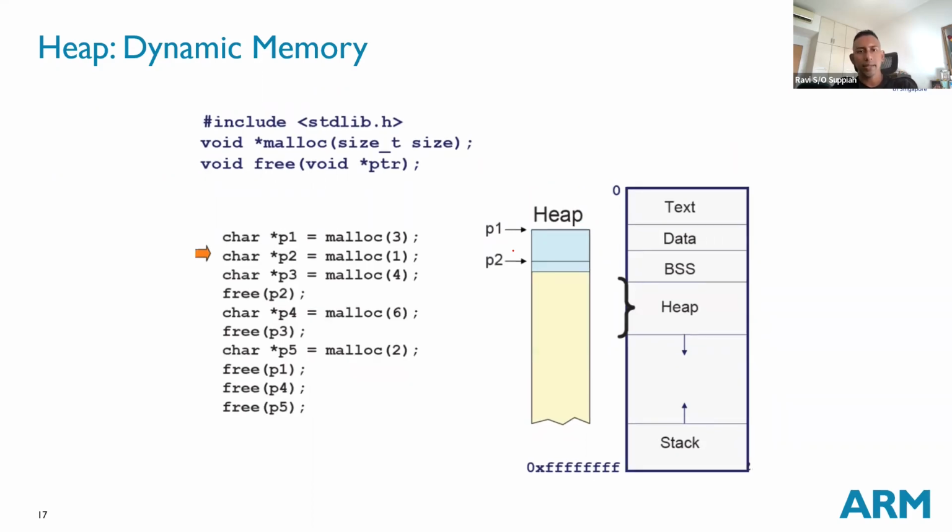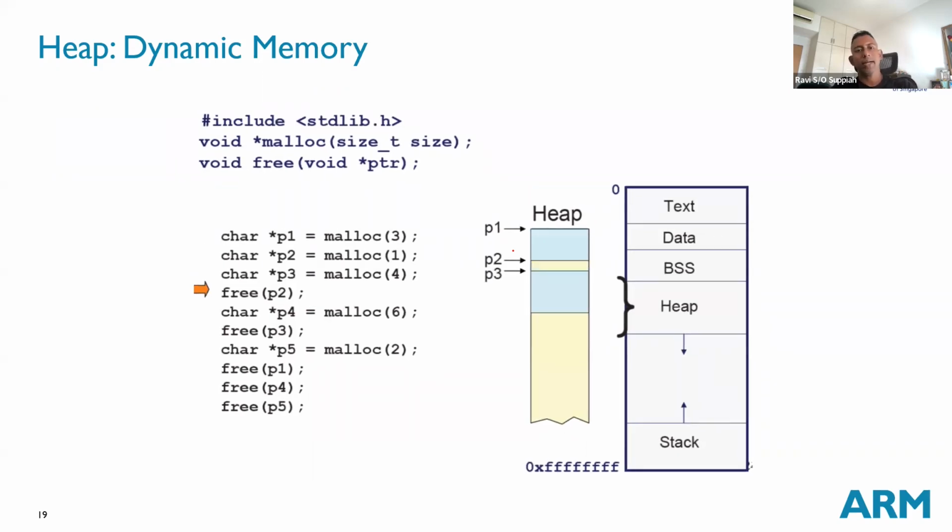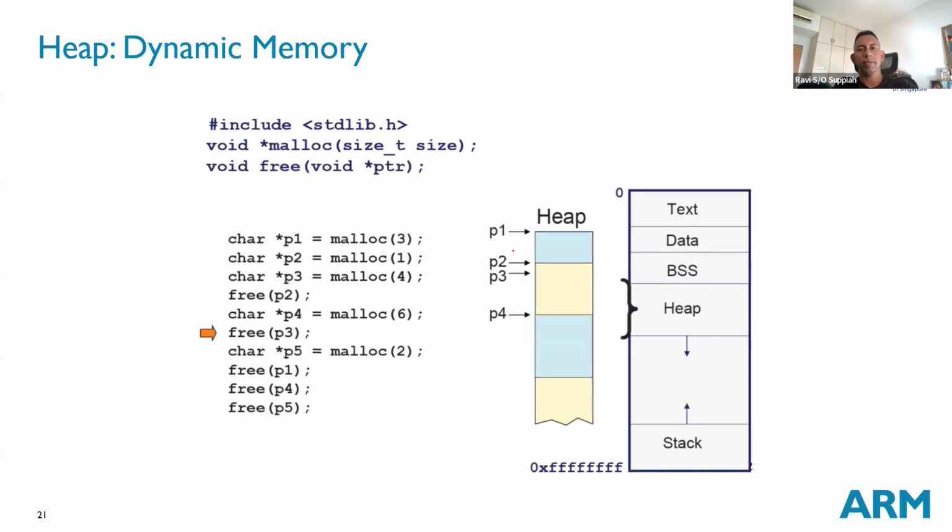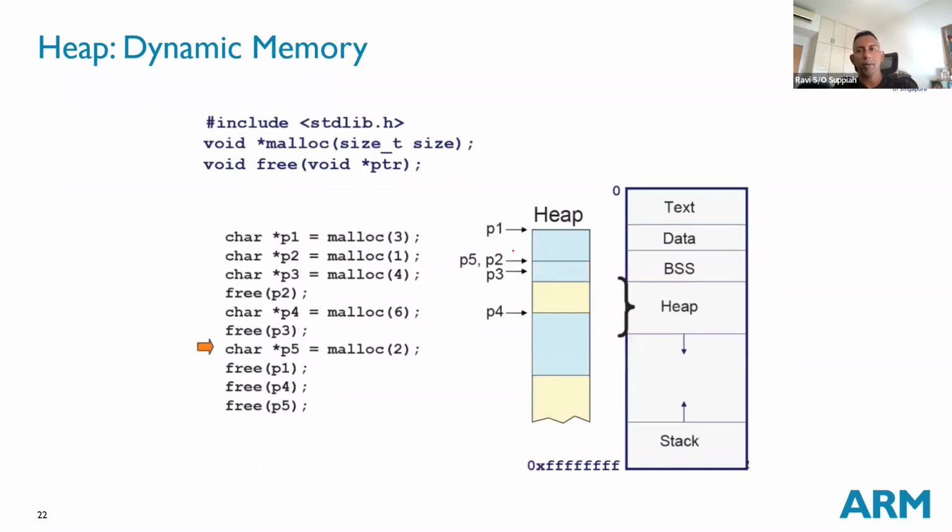Then another malloc 1 and then malloc 4. Once I'm done using P2, I free it. Then I allocate P4, another malloc of 6 units. Then I free P3, so the memory allocated for P3 is now freed up.